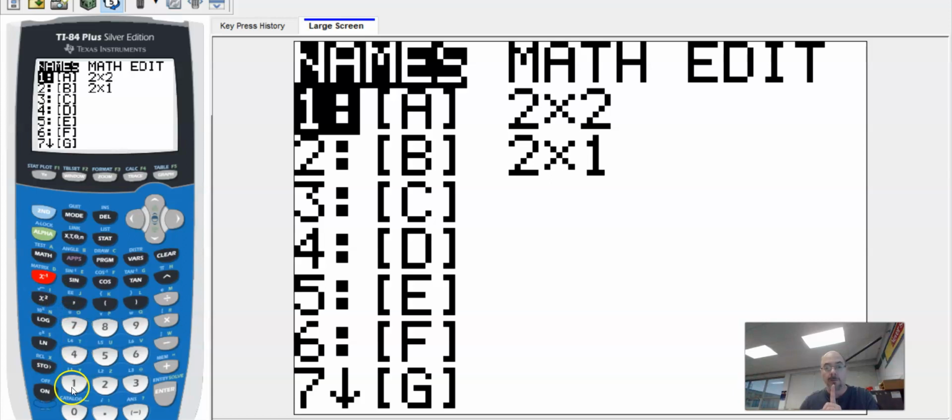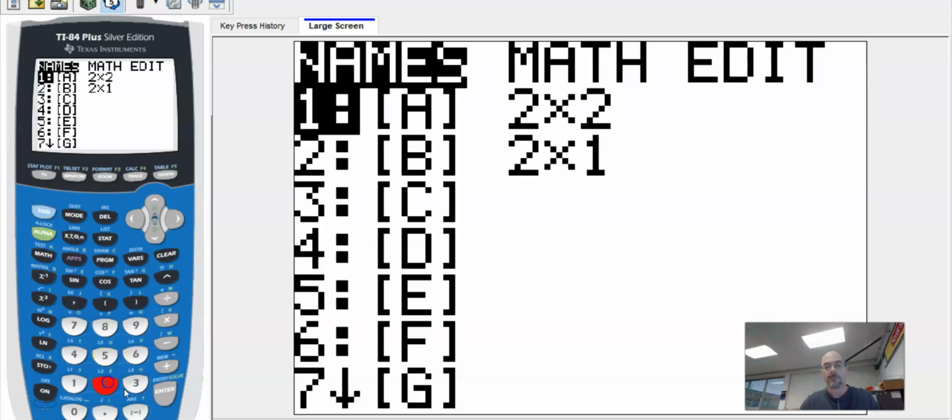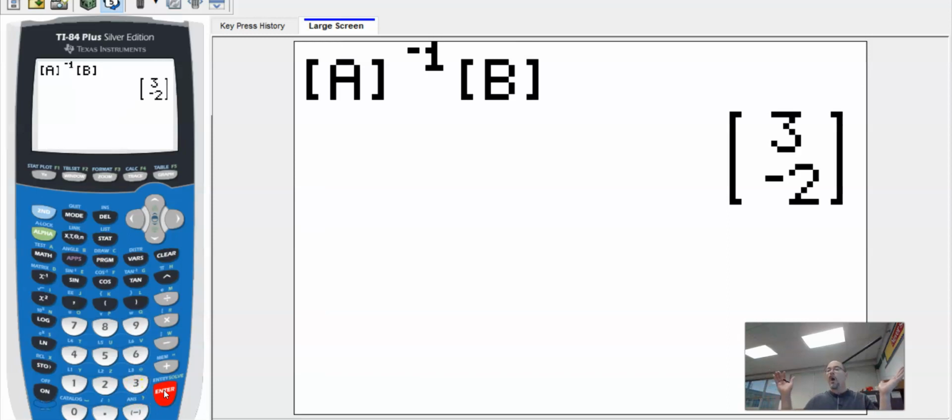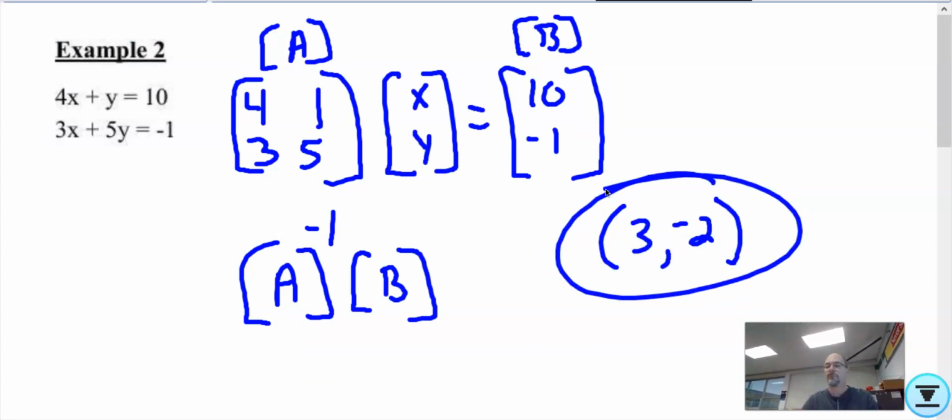Now just pick number 1 and then hit the inverse button and then go back to the matrix and pick B. Voila! Okay, the answer is 3, negative 2. X is 3, Y is negative 2.